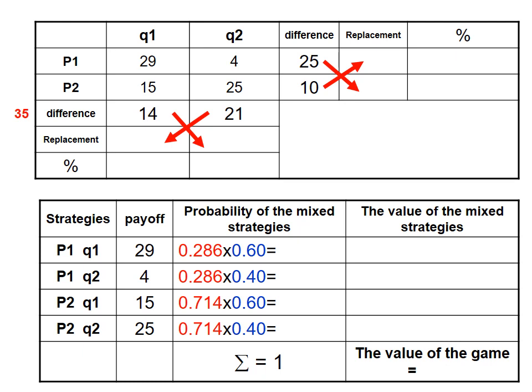Now we replace the numbers. The number in the first column, 14, will be in the second column, and the number in the second column will be in the first column, and the number in the first row will be in the second row, and the number in the second row will be in the first row.